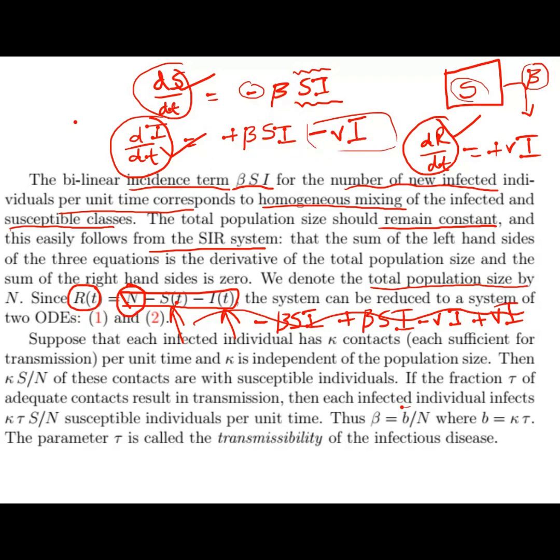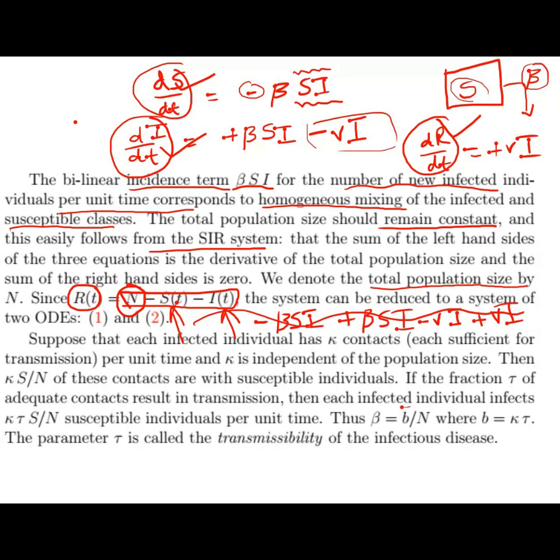How? Well, there is something that we could have noticed at some particular point in time. Suppose that each infected individual has K contacts. That is, you contact about K people, because we assume homogeneity in the mixing.